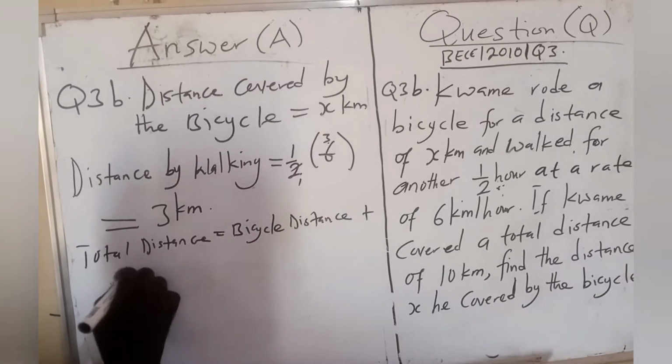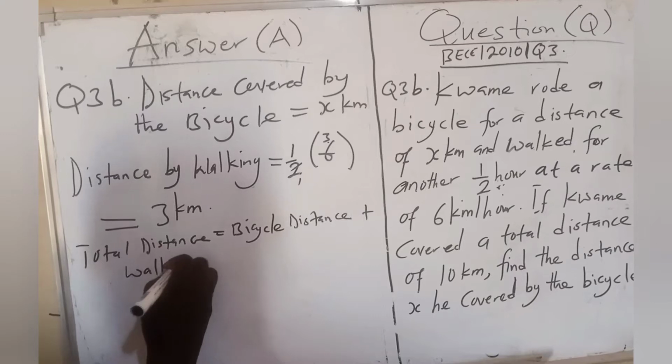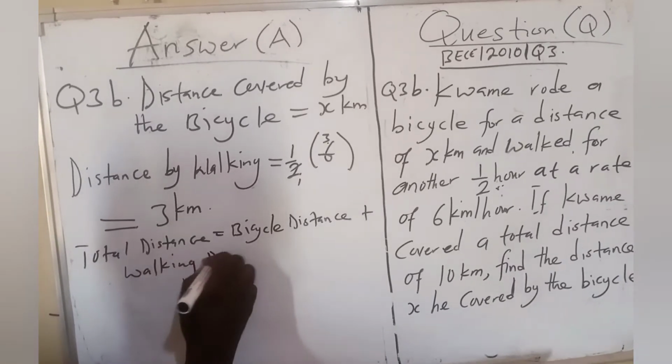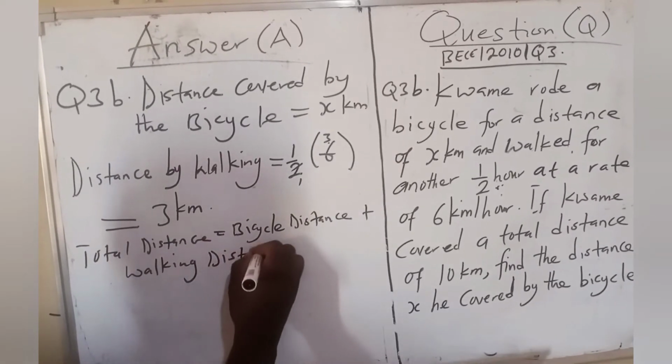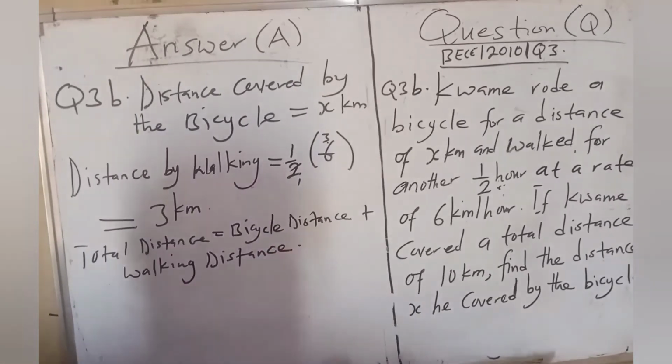So let me just say walking distance. You can write that in full. I'm just trying to summarize it for the sake of time.